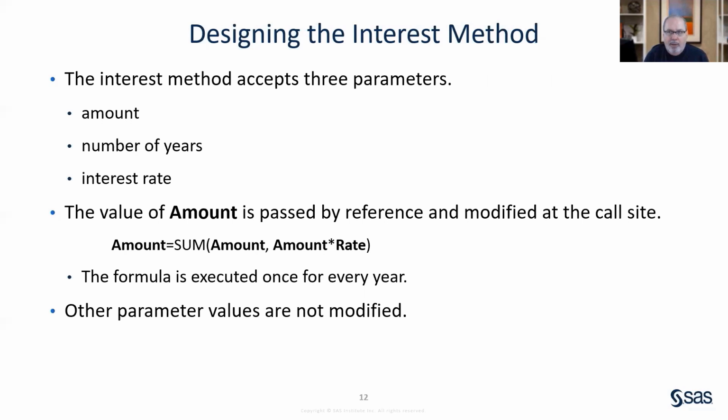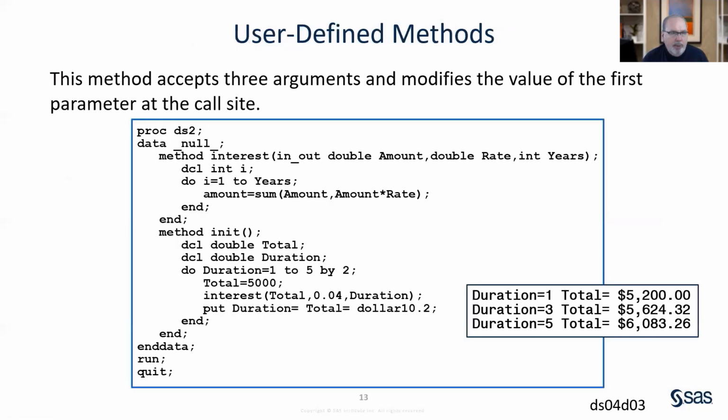In that case, our method's going to need 3 parameters. If we pass in the value of amount by reference as a variable, then that variable value could be modified directly in the variable we pass in. And so that's the first way we're going to design our interest method. We're going to use an in-out parameter for the amount. Other parameters are not going to be modified. We can pass them in as standard parameters.